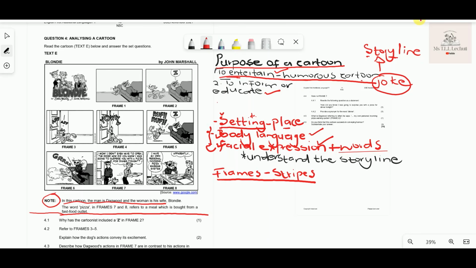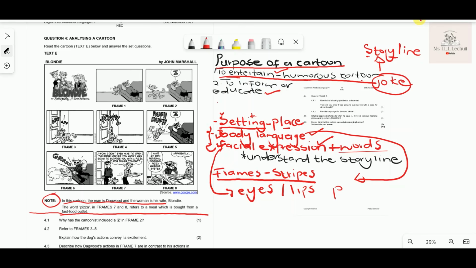However, when you answer, you don't answer by saying body language, you don't answer by saying facial expression. You are now going to become specific. You may talk about the eyes being wide open, you may talk about the lips being tightly closed. You become specific as to which features of the face you are going to talk about. And with the body language, again, you don't answer by saying body language.